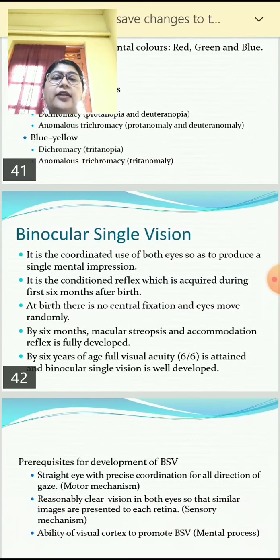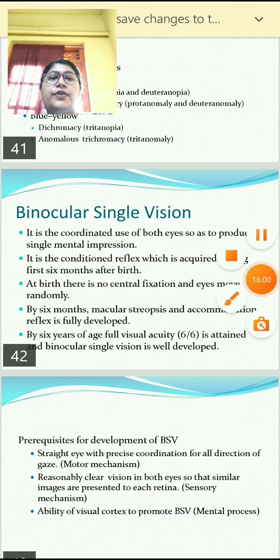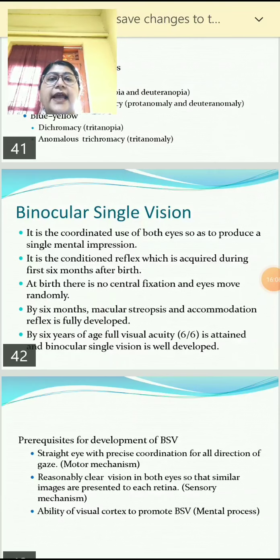Now binocular single vision. What is binocular single vision? It is the coordinated use of both eyes so as to produce a single mental impression. It is a conditioned reflex which is acquired during the first 6 months after birth. At birth there is no central fixation and the eyes move randomly. In a newborn you can see the eyes moving randomly.